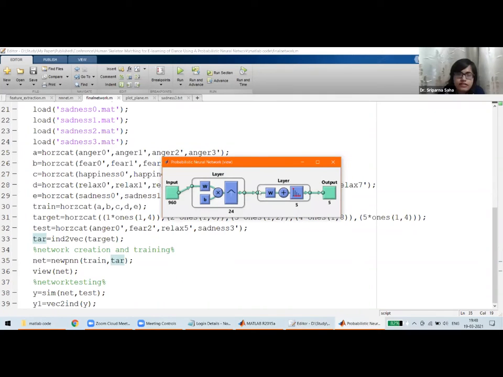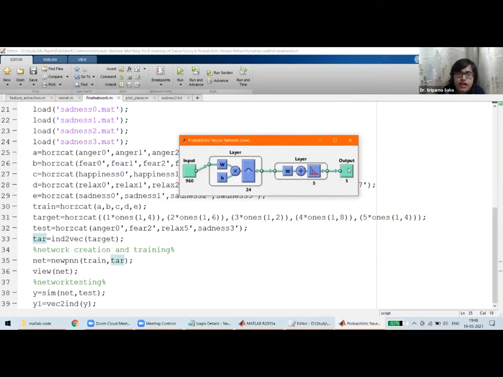You can check that the neural network has been formed, and this is the probabilistic architecture. The radial basis network has been changed here. So that is the probabilistic or PNN neural network. This is how it looks, and that is how the train and tar look. Just have a look to get an idea about that.